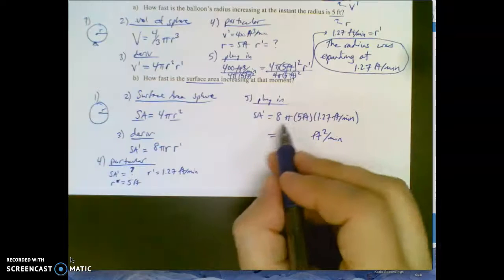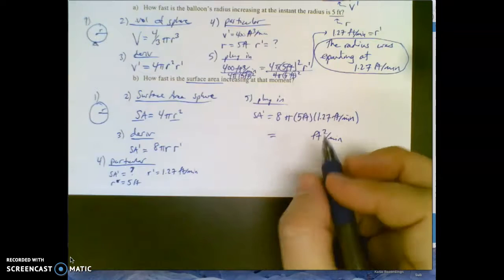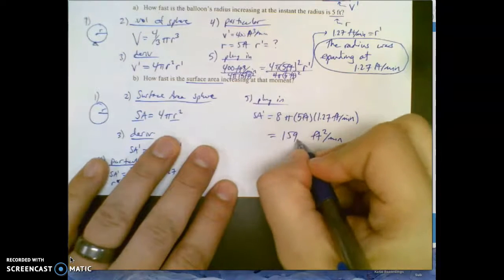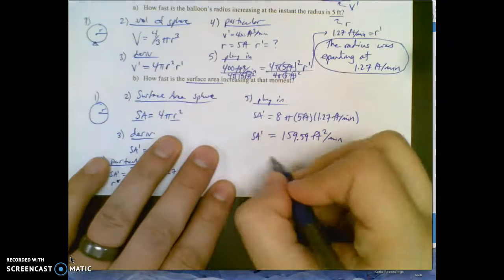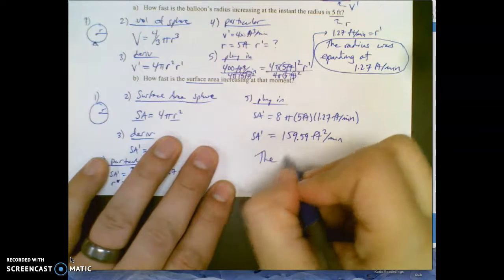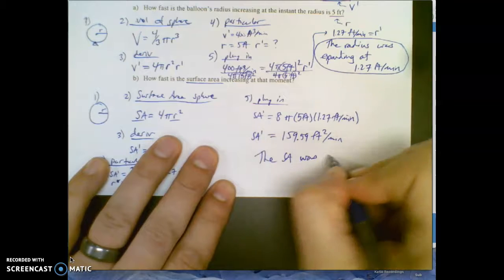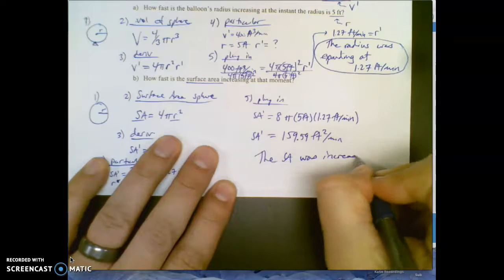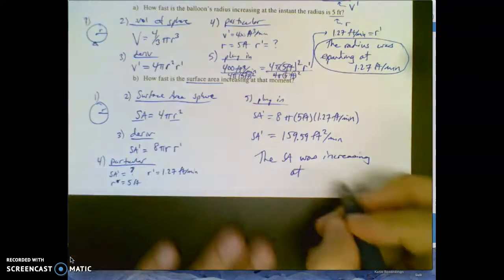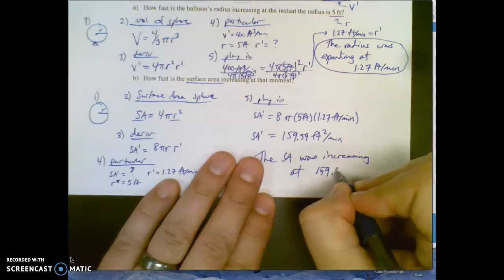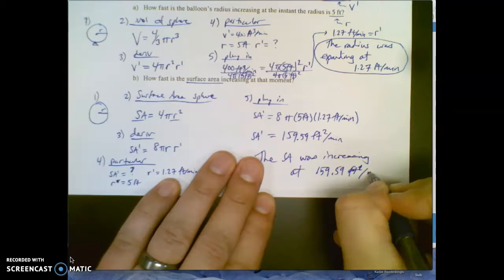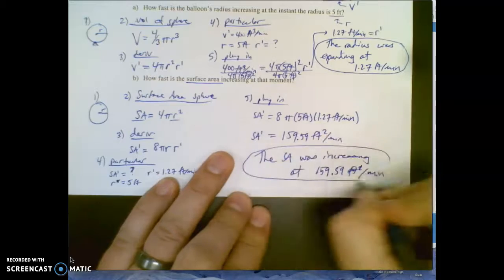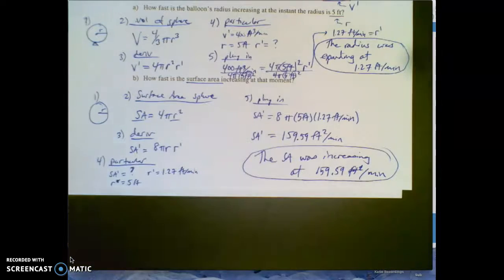If I multiply 8 times pi times 5 times 1.27, you get 159.59. So you would say the surface area was increasing at a rate of 159.59 square feet per minute. Math checks out. All right, let's go to the back and do these last two problems.